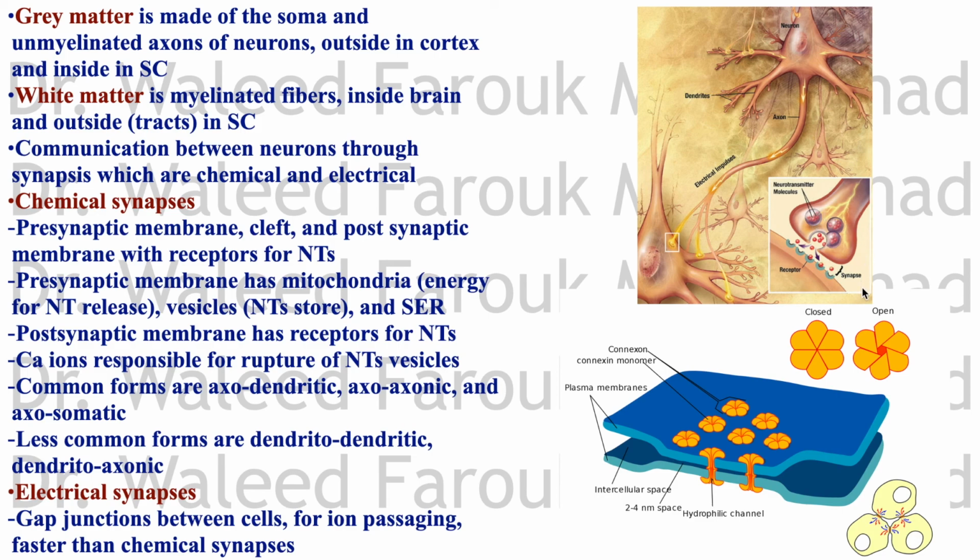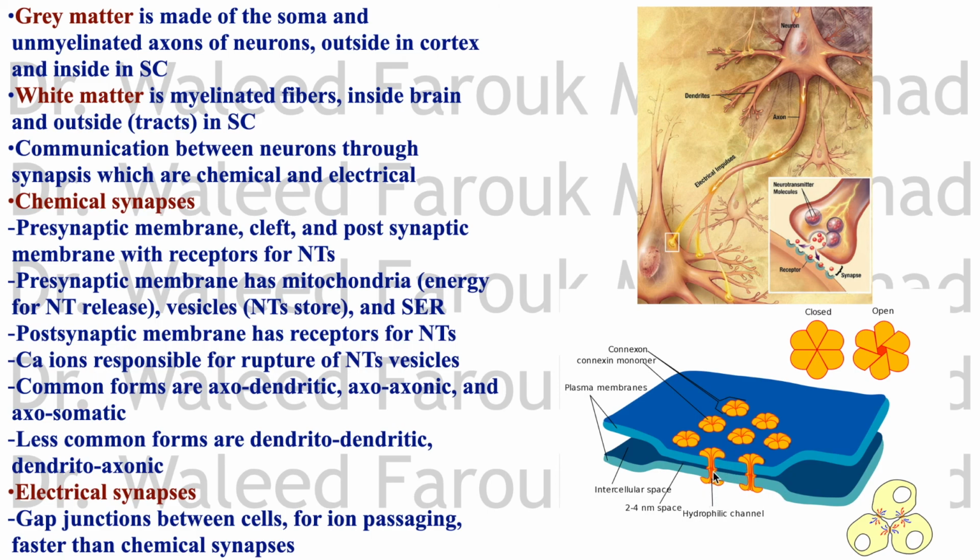Common forms of synapses are axodendritic, axo-axonic, and axosomatic. Less common forms are dendrodendritic and dendro-axonic. Electrical synapses: the principal structure is a connexon, and they form gap junctions between the cells for ion passage.